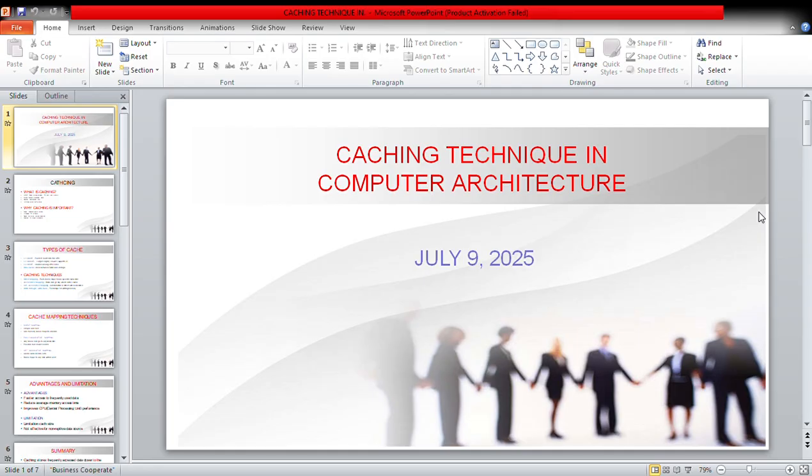All your accessed data is stored in the cache. This allows for faster retrieval of that data in subsequent requests, significantly reducing access times and improving overall system efficiency.